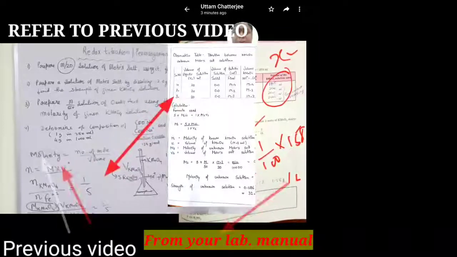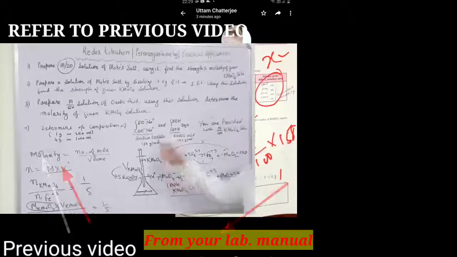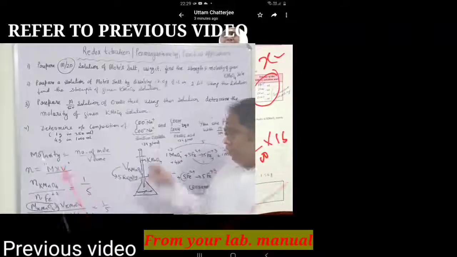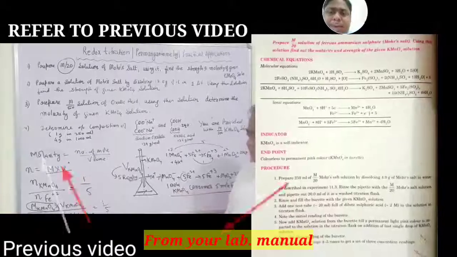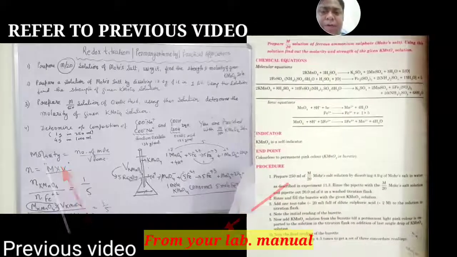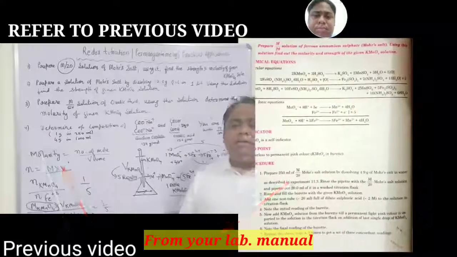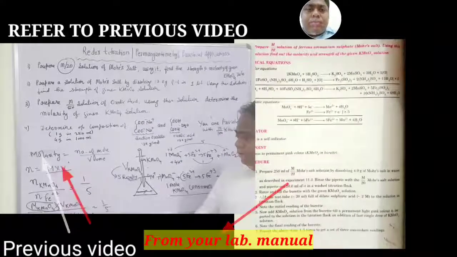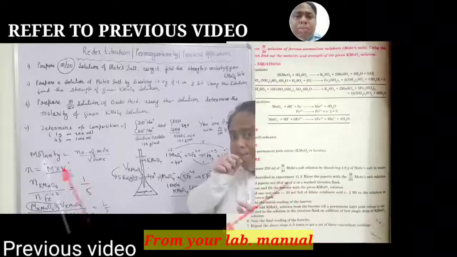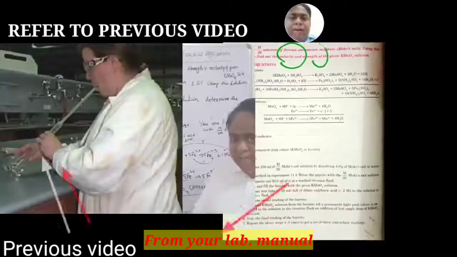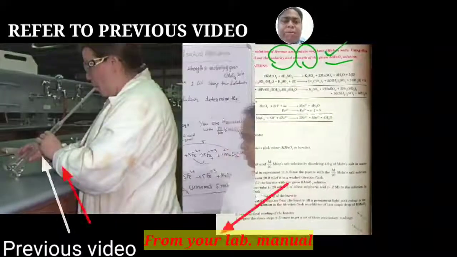You are requested to refer to your laboratory manual and search for this particular experiment, the one in which you have to find out the molarity and the strength of the given KMnO4 by titrating it with Mohr's salt.